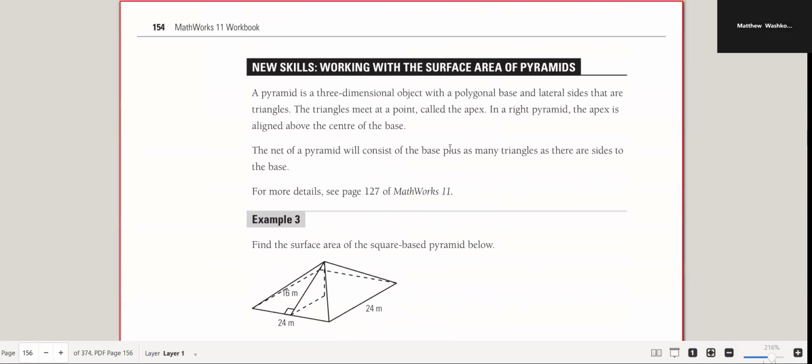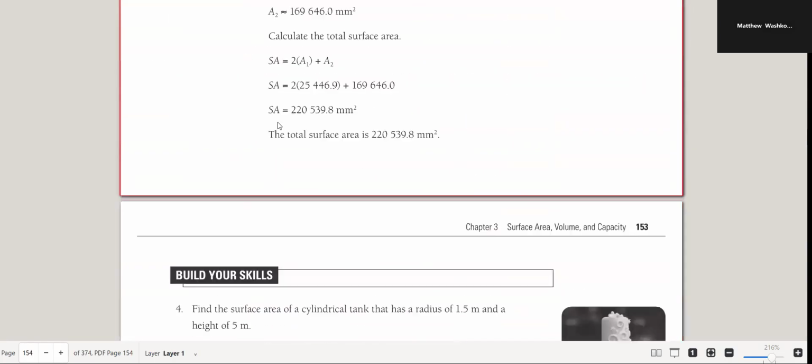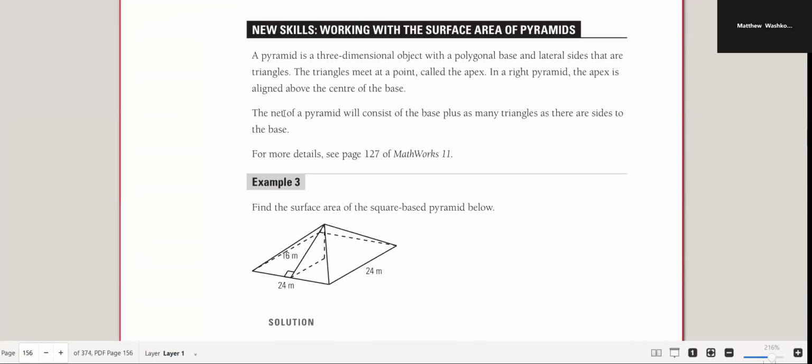All right, I'm going to start working with pyramids now. So once you're done with these things, you can go to pyramids. So 3, 2, 1. All right, so for pyramids here. Now, pyramids, you got to think about what is a pyramid made out of? Well, a pyramid, if I give you guys the net here, is just a square and 4 triangles.